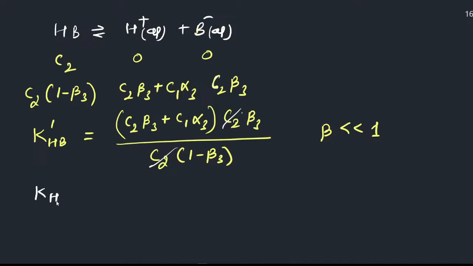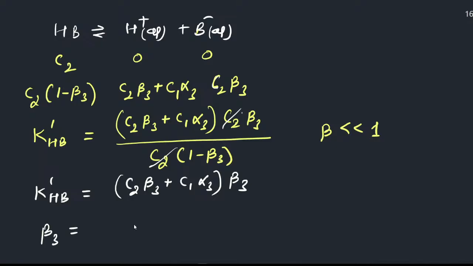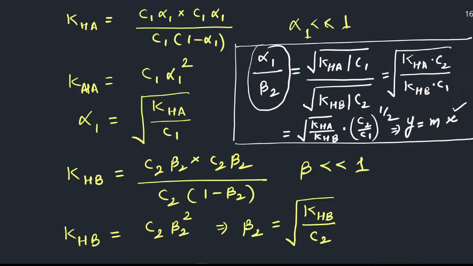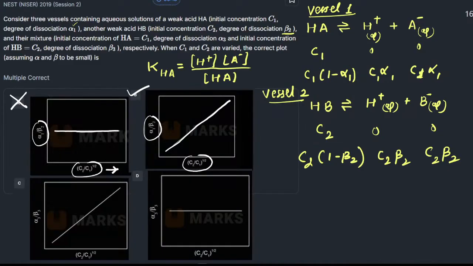So K_HB dash is equal to (C2 beta 3 plus C1 alpha 3) into beta 3. So beta 3 is equal to K_HB dash divided by (C1 alpha 3 plus C2 beta 3). Right?